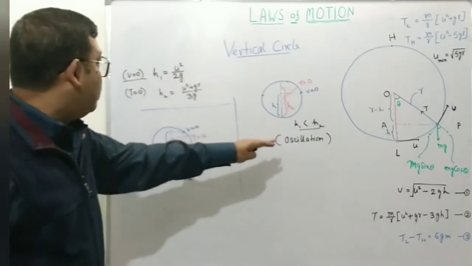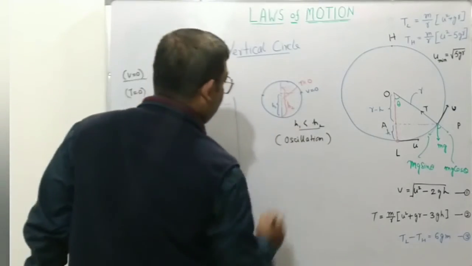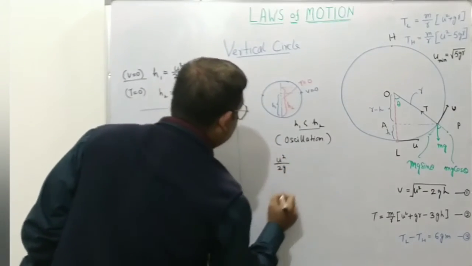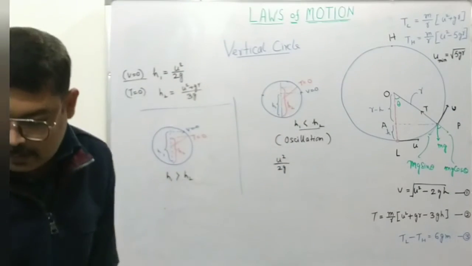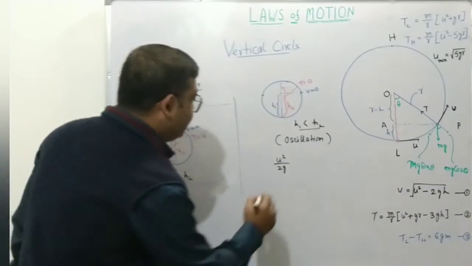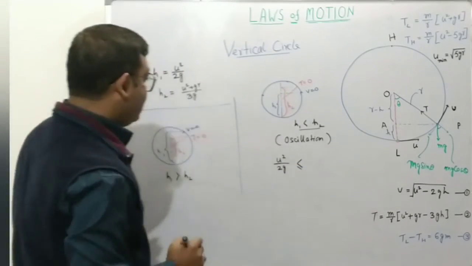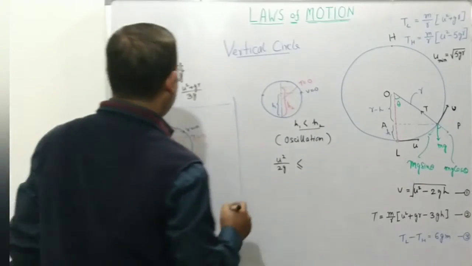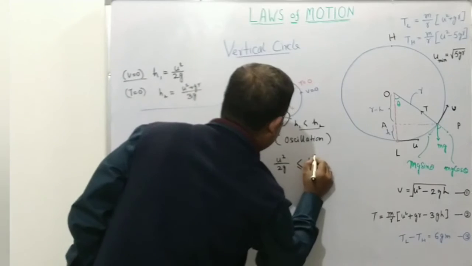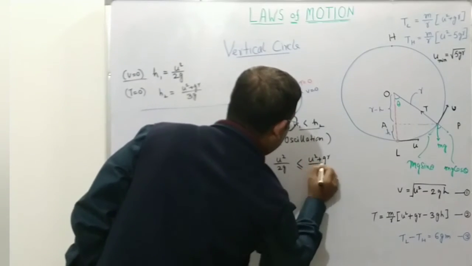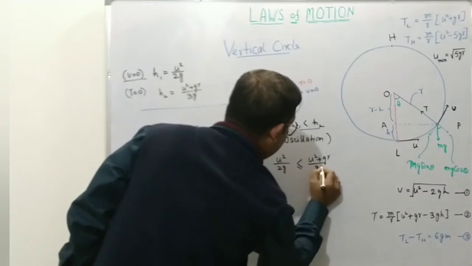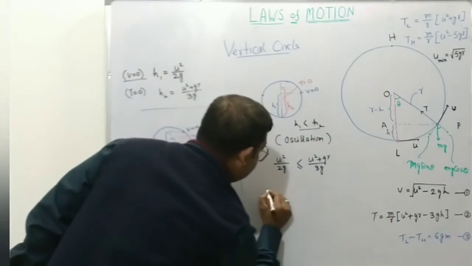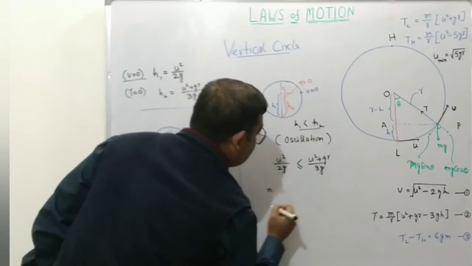Now, if we substitute the values of h1 and h2, the condition for oscillations will be u square by 2g must be less than or equal to u square plus gr divided by 3g. Cross multiplication will give us, let's cancel the g's first.